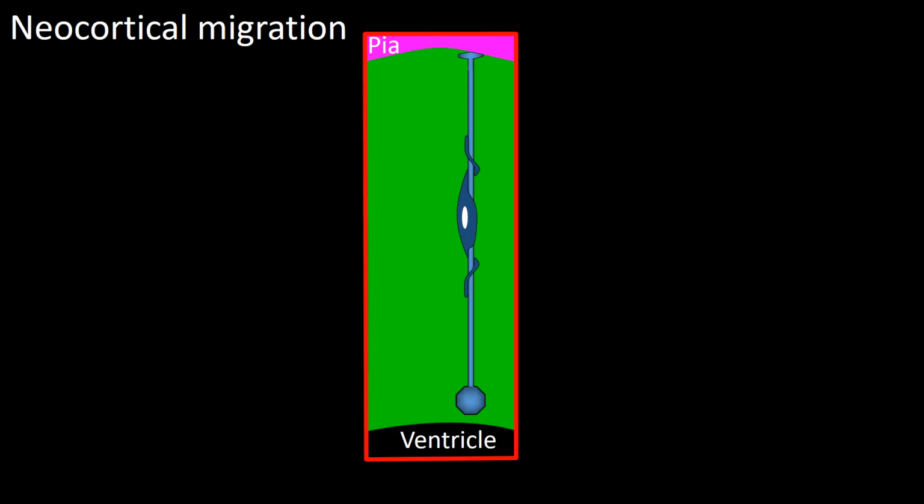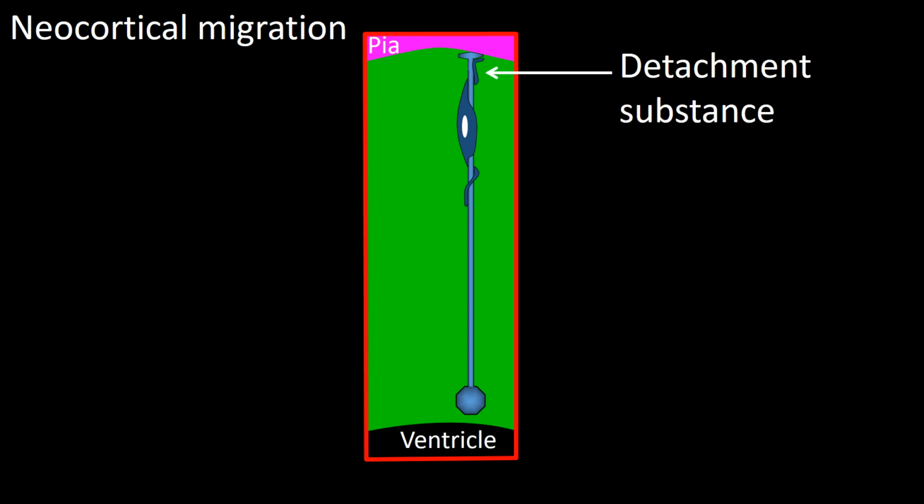Going back to our cartoonish representation, the neuron keeps on climbing, but once it reaches the pia, a detachment substance comes into play. At this point, the neuron loses its climbing apparatus and detaches, coming to rest at a given position in the cerebral cortex.